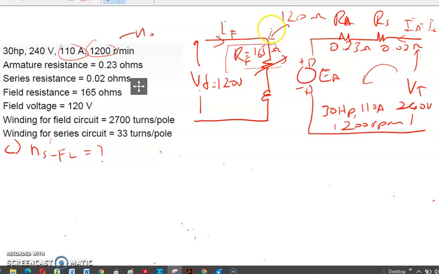So what we need to do is find the new IF, because once we change the resistance, the current that goes into the field area will also be different from the earlier stage.